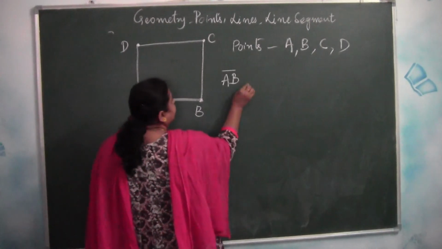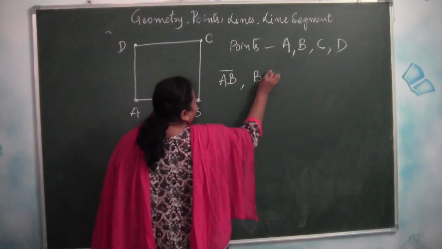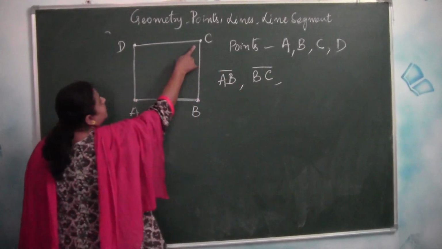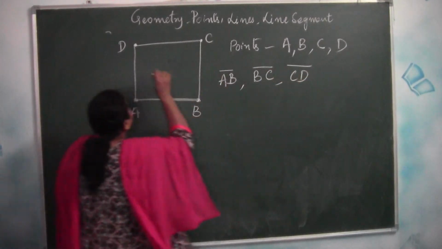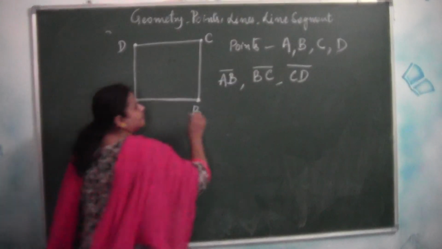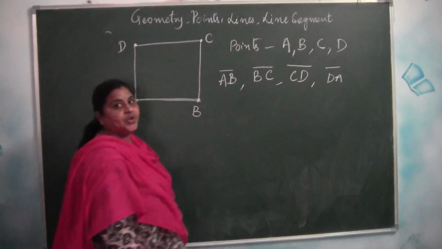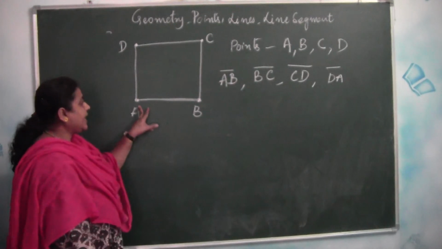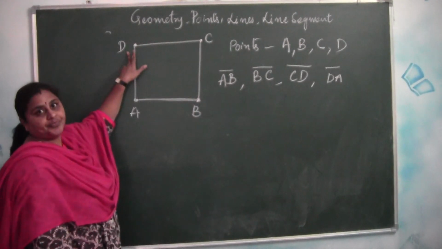So AB, then BC, then CD, then DA. DA or AD, anything. Got it, children? So what are the points? A, B, C and D.